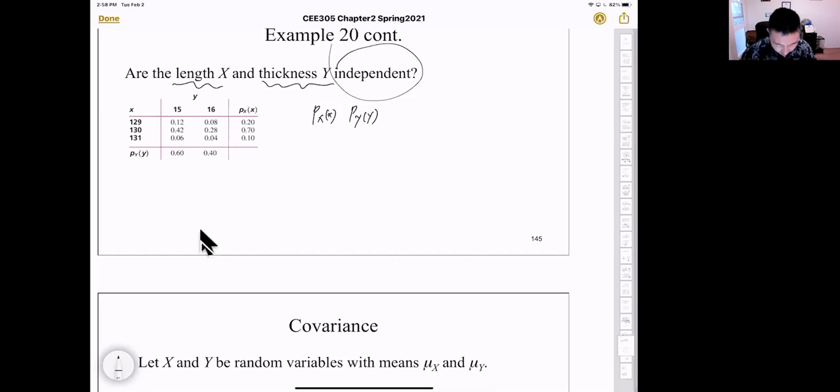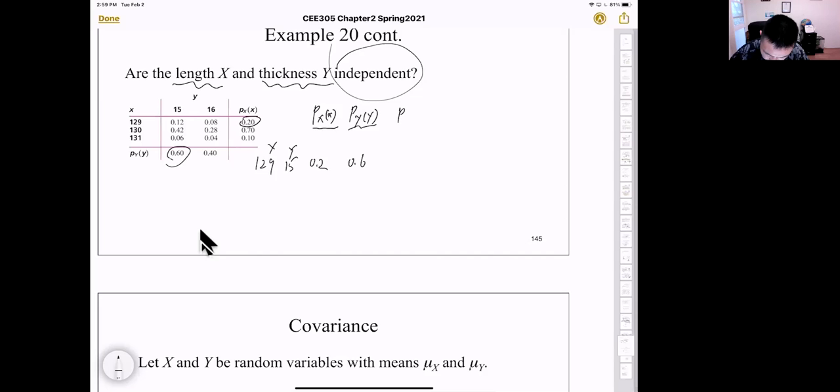For example, when x is equal to 129 and y is equal to 15, pxx is equal to 0.2, and pyy will equal 0.6.